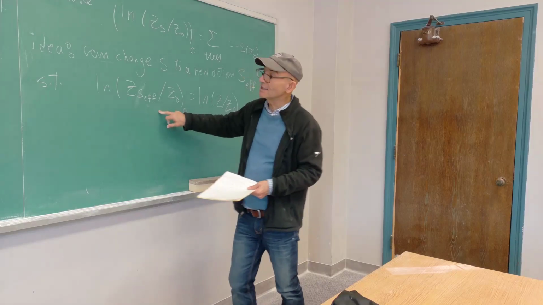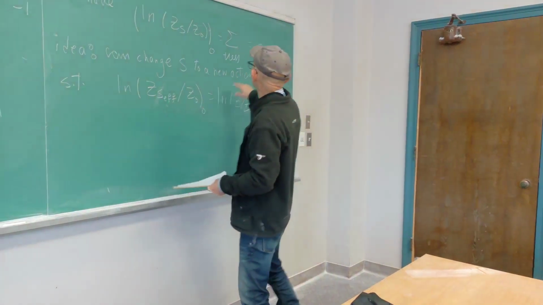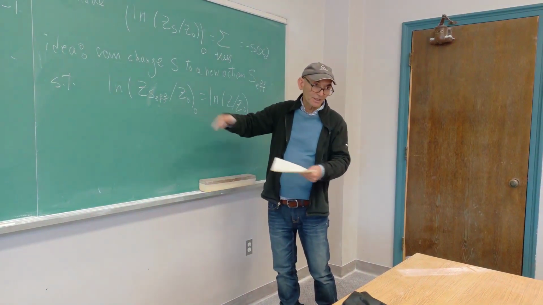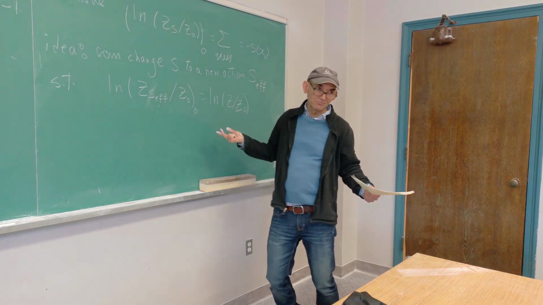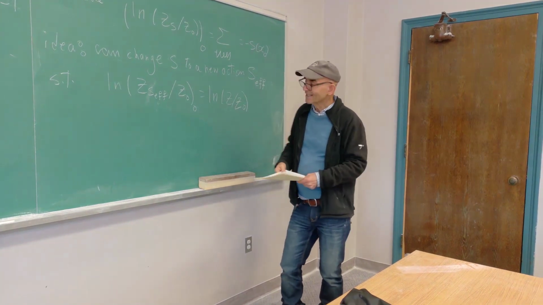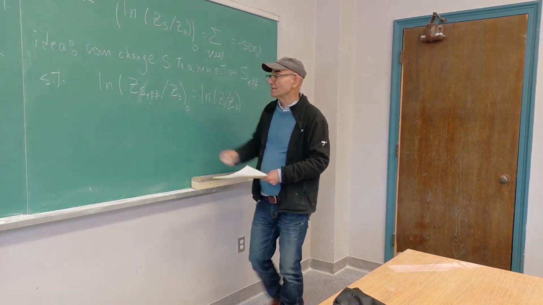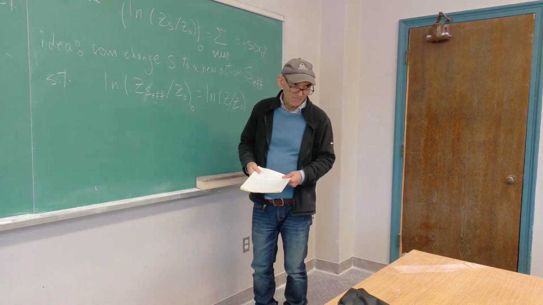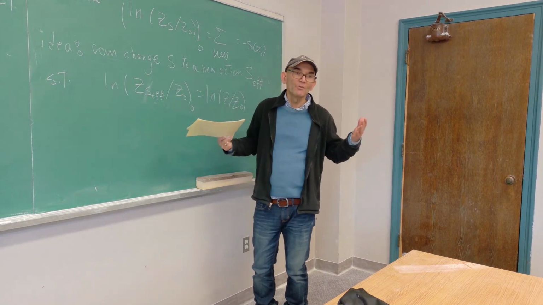But this we know we can compute by just this formula. We can just take the derivative of this, find its roots and evaluate, and then you're done. So if you manage to construct this effective action, then you have solved your problem completely.